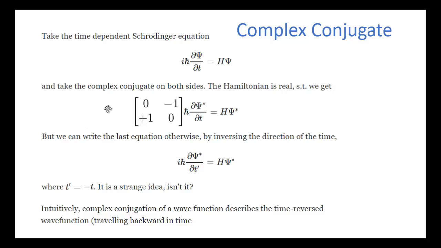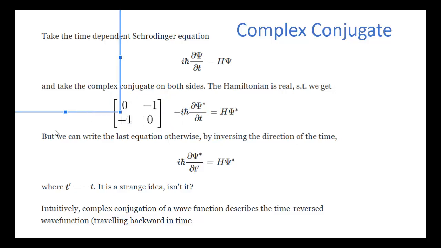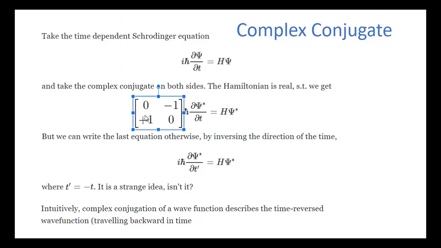So the complex conjugate of minus i, which is right here, is equal to this 2 by 2 matrix, which has -1 on the upper right quadrant and +1 on the lower left quadrant. So we can replace -i with this. And of course if you multiply h through, this will be -h and +h.